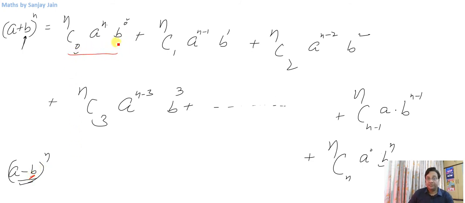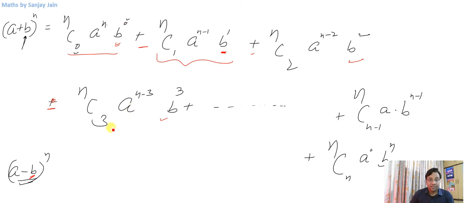It doesn't make a difference here, because even if I write minus b, b raised to 0th power will still be 1. But here, if I replace b with minus b, this will make this entire term negative. And here it won't make a difference to the sign. For b raised to 3rd power, it will be minus b raised to power 3, or minus of b cubed. So this minus will come here.